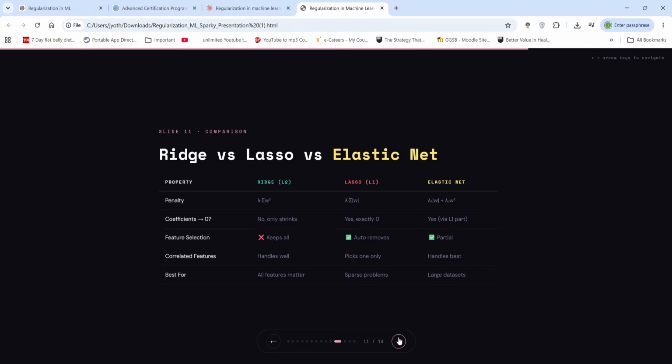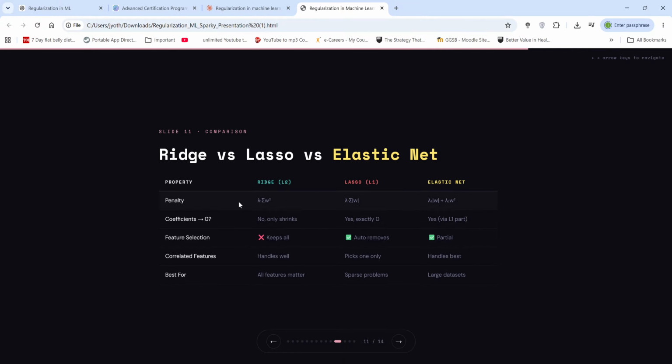So let's compare between the three now. Ridge is used for the penalty. It shrinks the coefficient, but it never becomes zero. We will compare which is better, ridge, lasso, or elastic net.